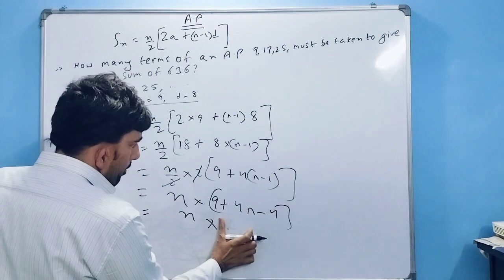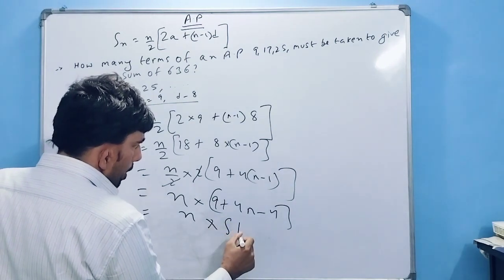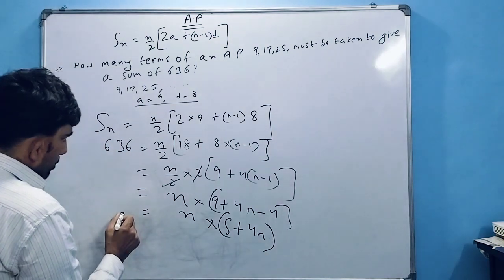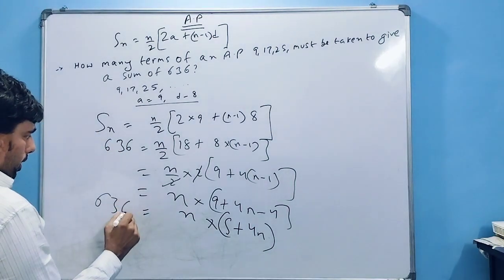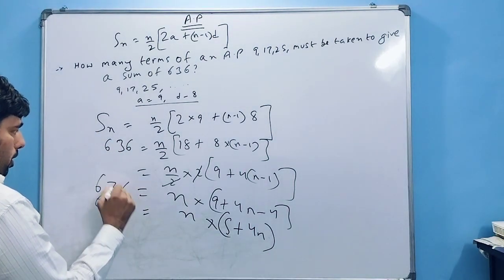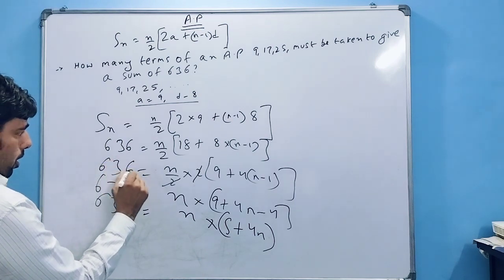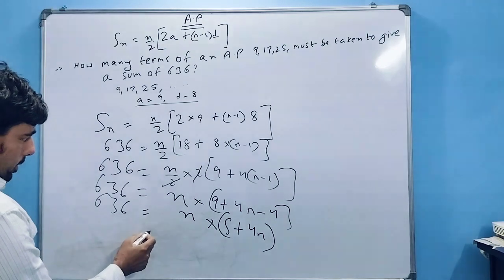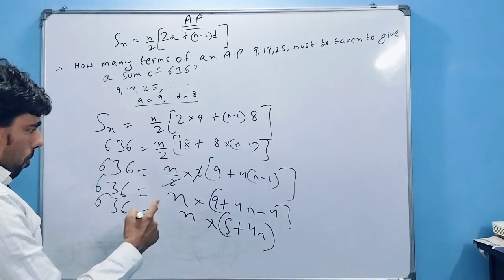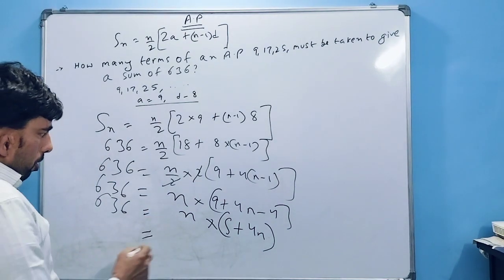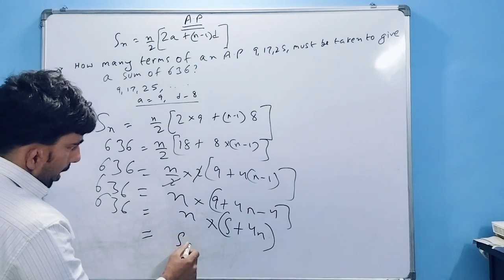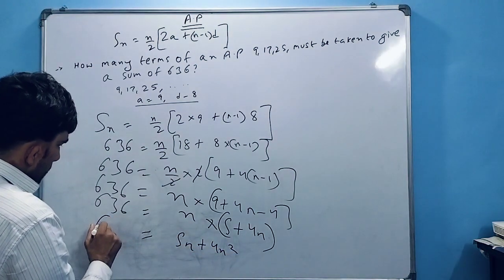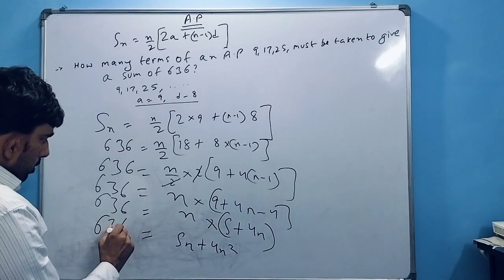Now I am left with 9 minus 4, 5 plus 4n, is equal to 636 we have here. So now what we can do here is multiply n inside: 5n plus 4n square. So this is 636.